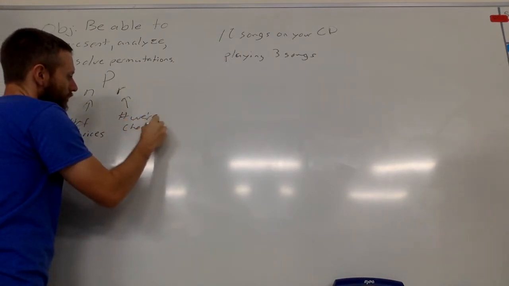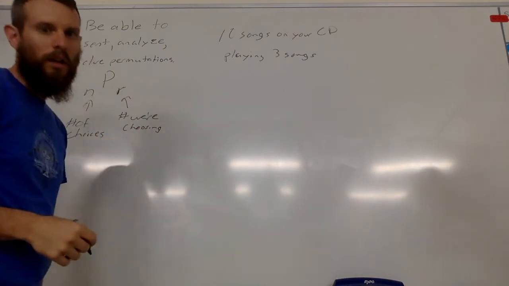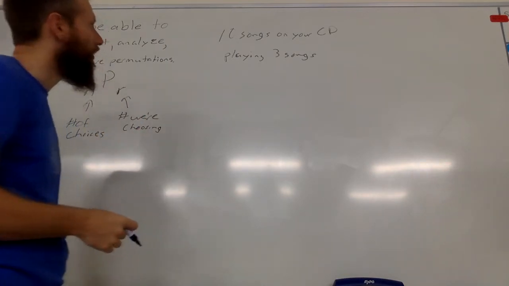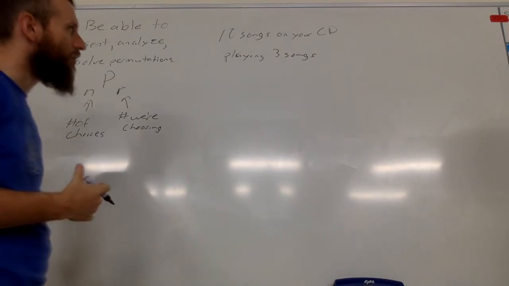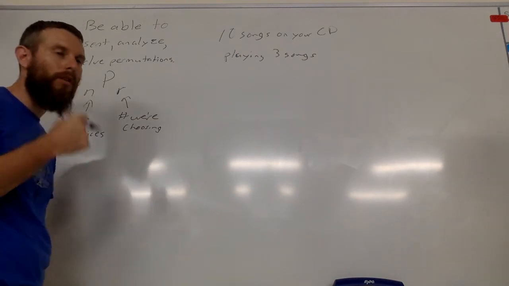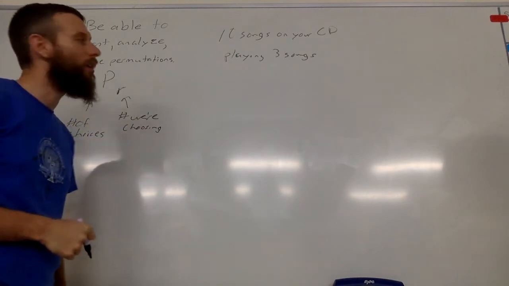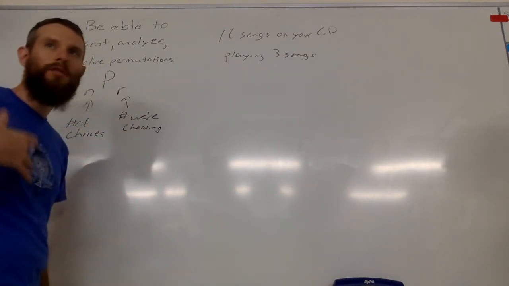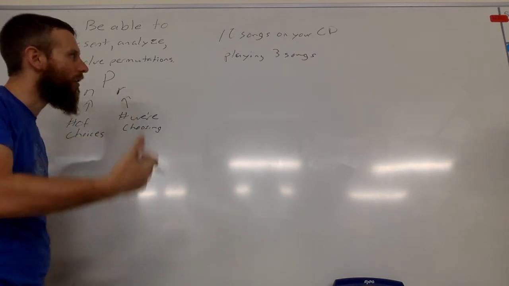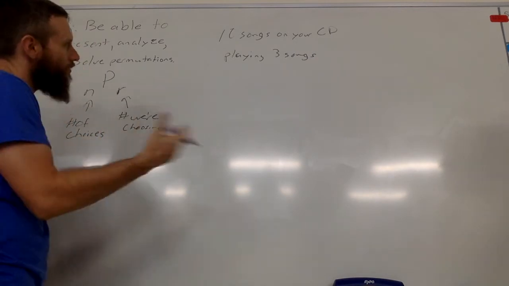Okay, so here's an example. You have a CD and there are 10 songs on the CD. You want to know how many different ways you can play the first 3 songs, or if you push shuffle on your CD player, how many different options are there for the first 3 songs that will come in.